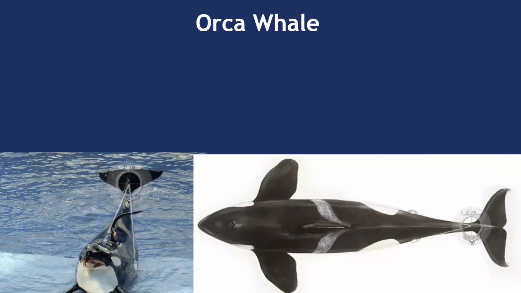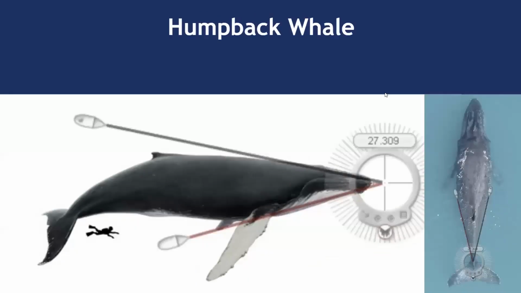One is the apex angle of 27.309, and the other, if you're looking at it as a triangle, is the base angle of 76.345 degrees. So we're going to see both of those in examples today. But here's an orca whale, again, showing this geometry in the back end of the animal.